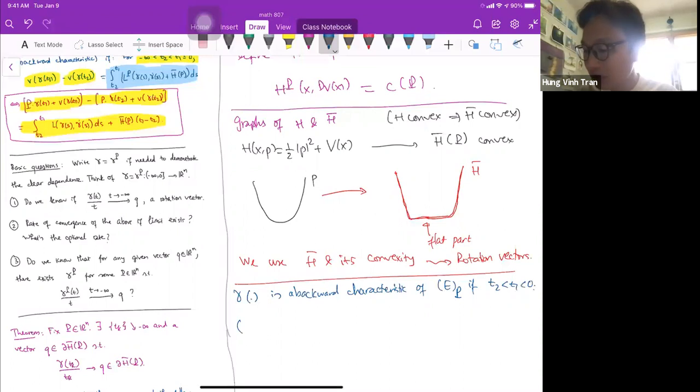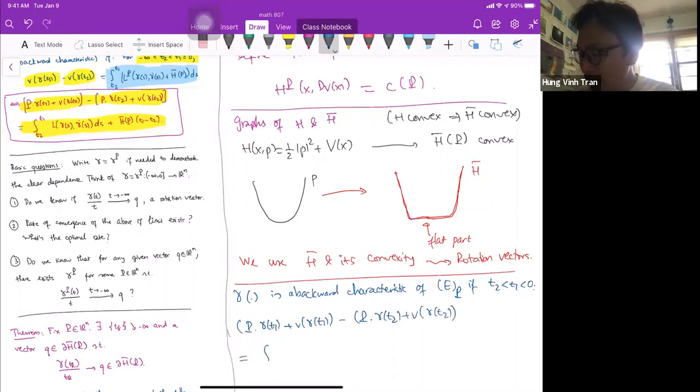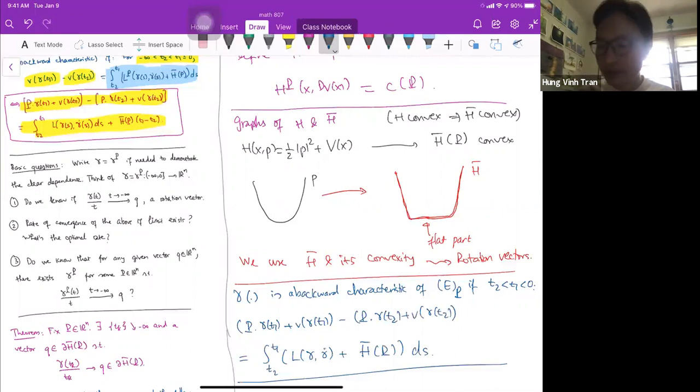You're differentiating that term, so it's natural that you have p dot gamma(t1) plus v of gamma(t1) minus p dot gamma(t2) plus v of gamma(t2) equals just the action functional, and I already moved capital P to the left. I don't have to worry about that. So it's just the same action, the Lagrangian. And the normalizing constant is just H bar P, right? So same, nothing different.